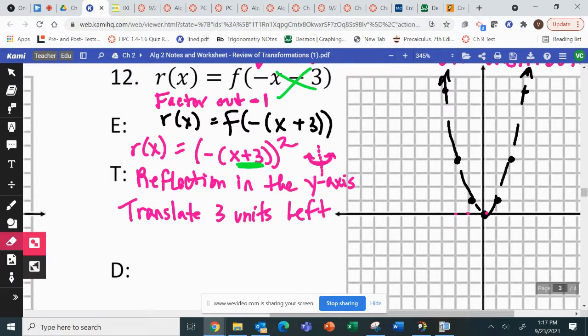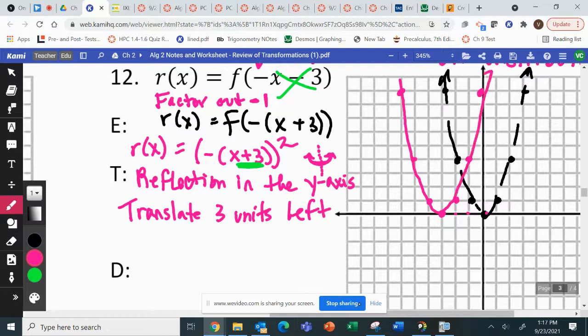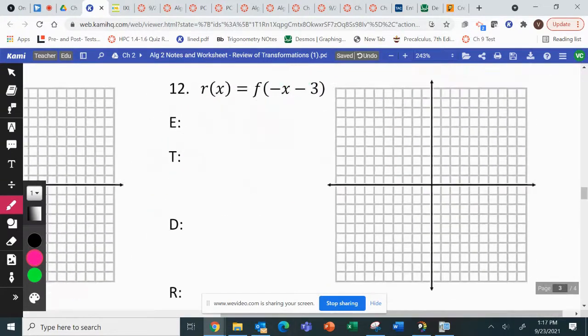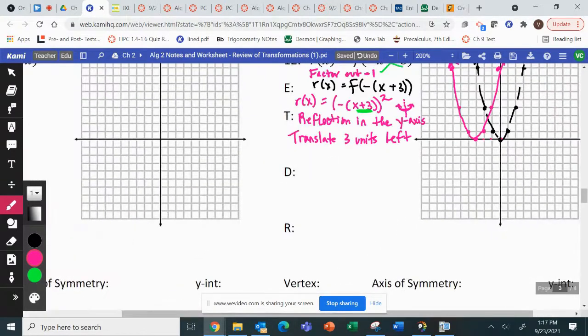You can't tell because it looks exactly the same. Go to the left 3. And then apply that pattern. I'm not going to fill out the rest of this one because it looks exactly like one we've already done. So you guys can fill the rest of that part out.